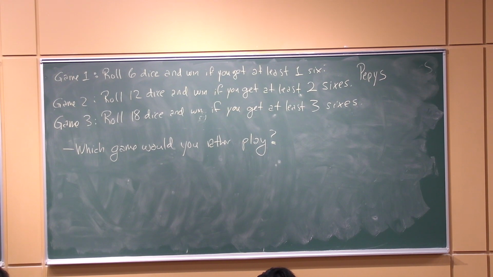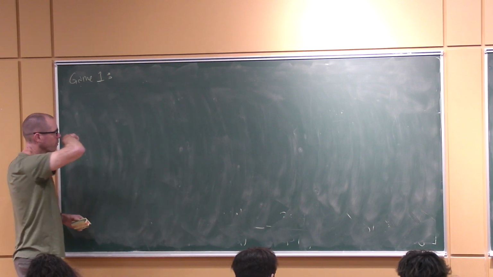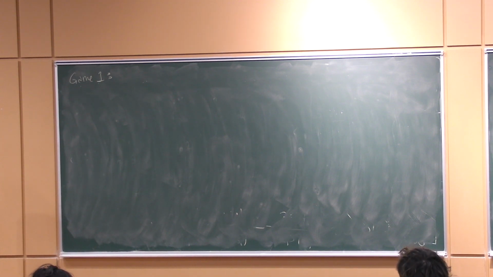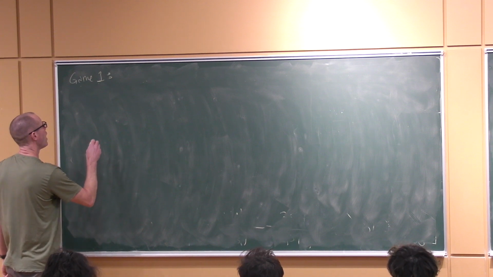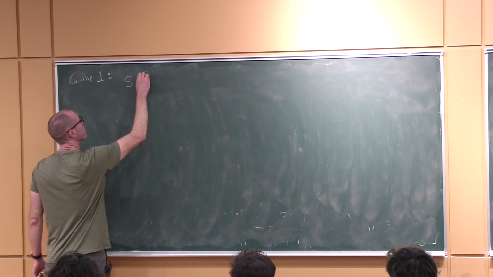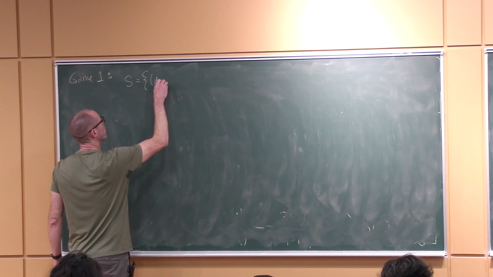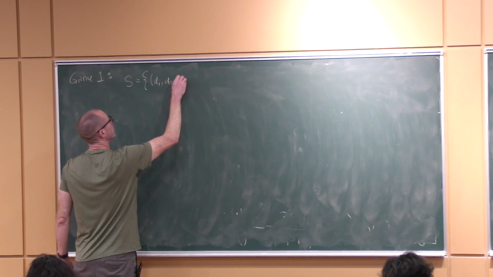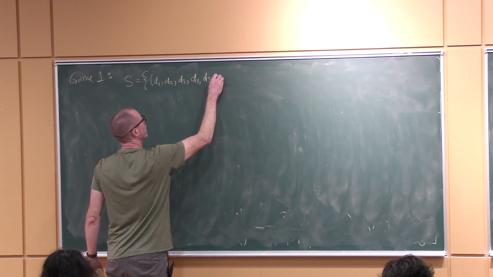So, game 1. We roll 6 dice, and let's give them names D1 through D6. So that means that we're looking at some space that looks like this: D1, D2, D3, D4, D5, D6.